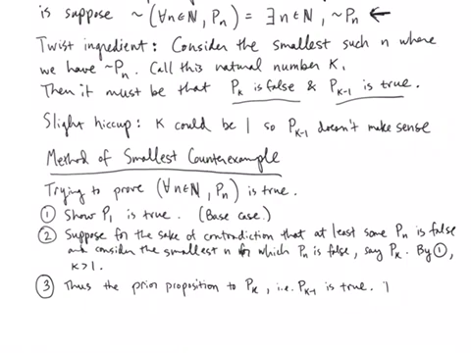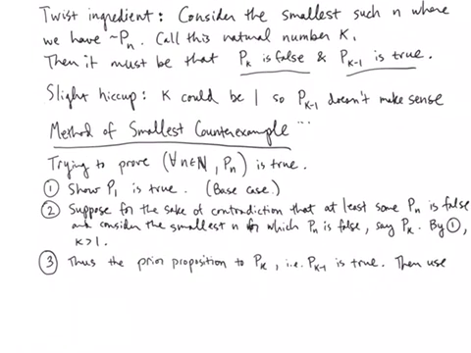So then use that P sub k minus 1 is true and P sub k is false to derive a contradiction.